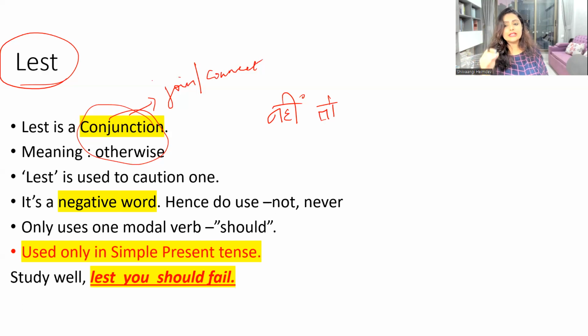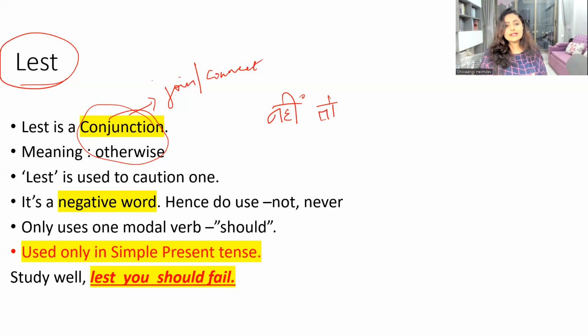And most importantly, it will always be used in simple present tense. I repeat, it will always be used in simple present tense. You cannot make use of lest with any other tense but simple present tense.